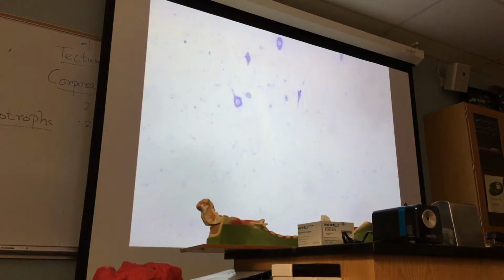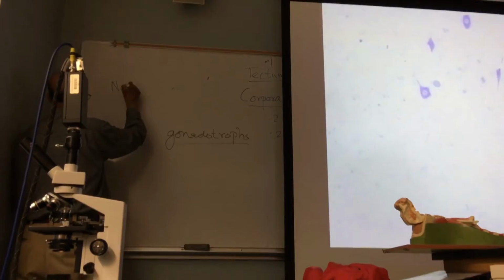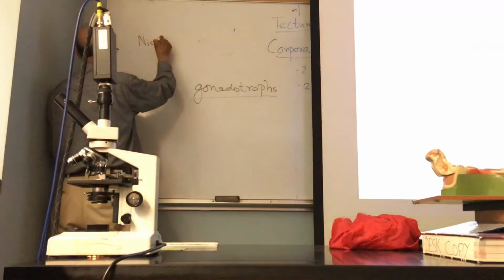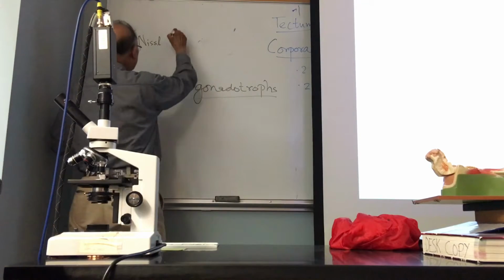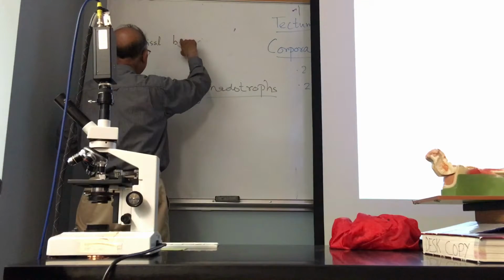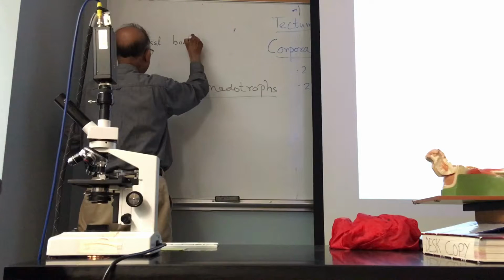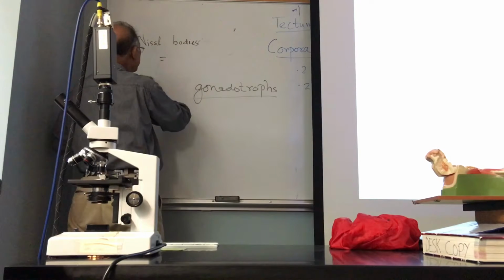Now, the rough endoplasmic reticulum is called, in neurons, Nissl bodies. Though this is a proper noun, the spelling is Nissl. Nissl bodies.